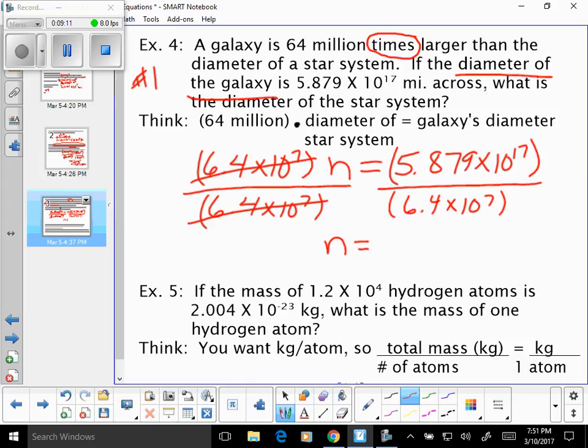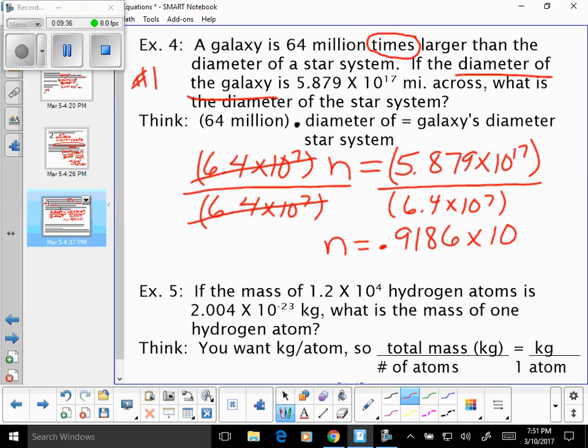So that means that's what you're going to take in your answer. You want to take 4 significant digits, which in this case is going to be the 9, 1, 8, and then that 5 becomes a 6. Now, if you didn't do this on your calculator, what I just said didn't make sense to you. So you better take 5.879 divided by 6.4 on your calculator. Hit pause if you have to do that.